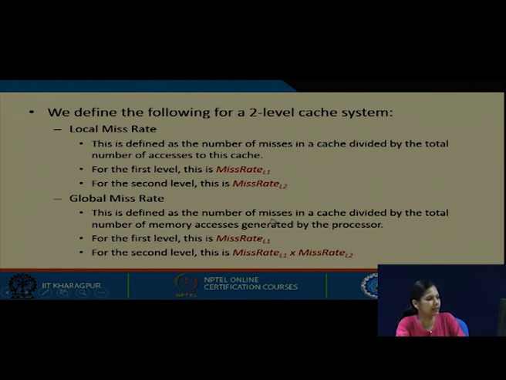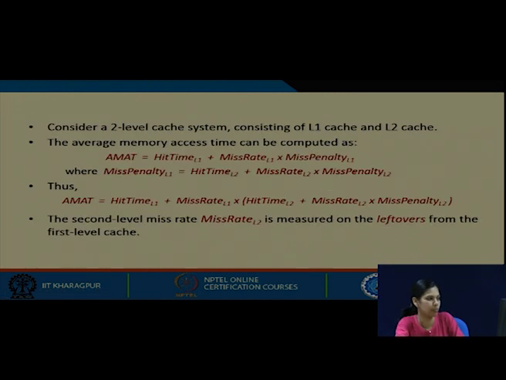This is defined as the number of misses in the cache divided by the total number of memory accesses generated by the processor. So, we are not separately taking misses for L1 and L2, rather we are taking in terms of total. For the first level, this is miss rate of L1, but for the second level, it will be miss rate of L1 into miss rate of L2, because there is a miss there as well as a miss here, since we are considering the total.